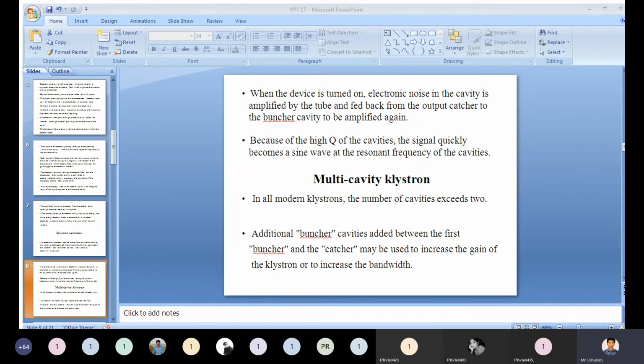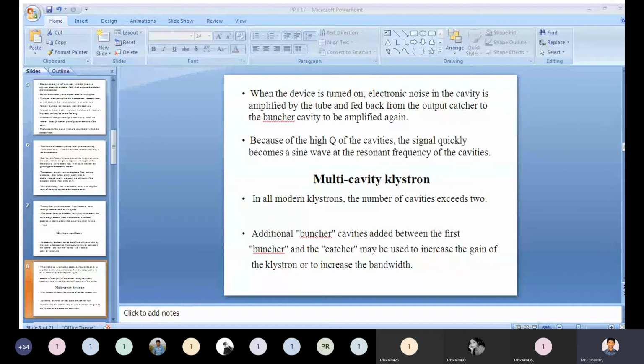Tuning a klystron is delicate work which, if not done properly, can cause damage to equipment or injury to the technician due to the very high voltages that could be produced.